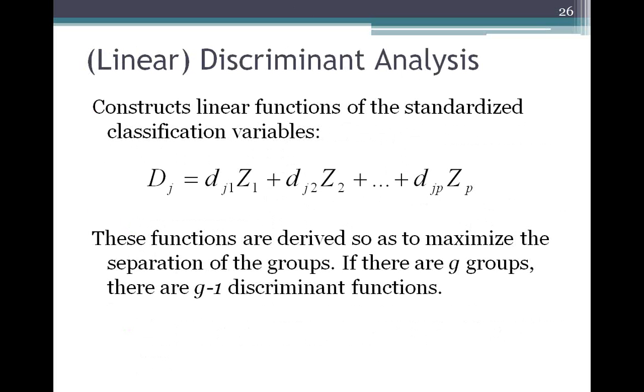The functions are derived mathematically so as to maximize the separation of the groups. We try to come up with linear discriminant functions that separate the different groups as well as possible. And I've also made a note here that if there are G groups, there are G-1 discriminant functions.